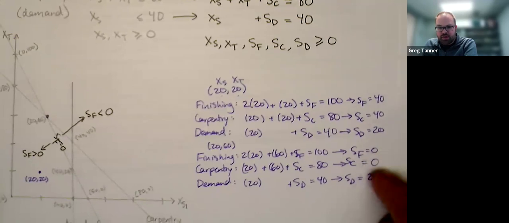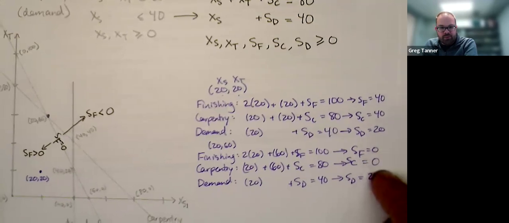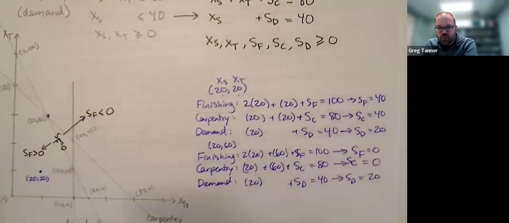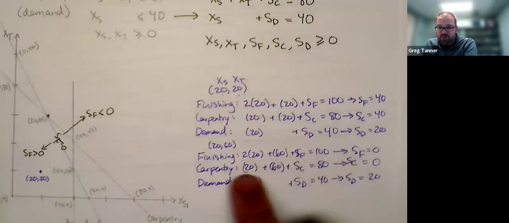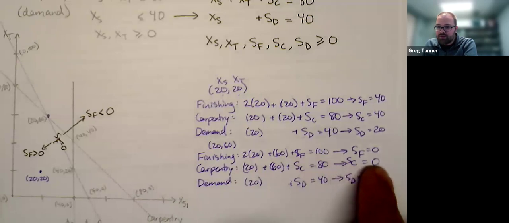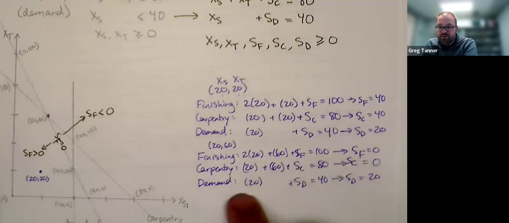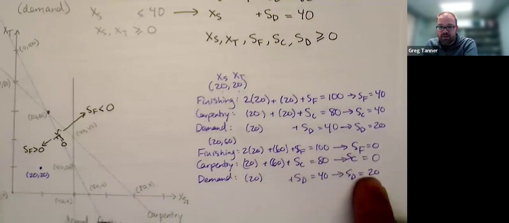So interpreting this, at the point 20, 60, where we're making 20 soldiers and 60 trains, we've got no slack in our finishing hours. We are using all of the finishing hours that we have available. We have no slack in our carpentry hours. We're using all the carpentry labor that we have. We have 20 units of slack in our demand for soldiers.